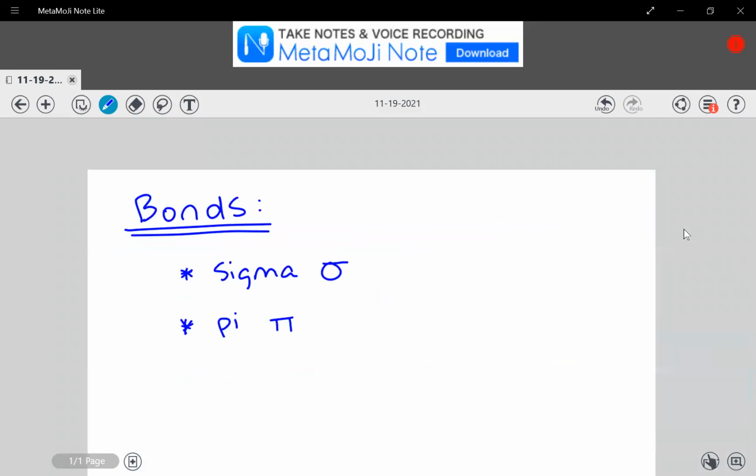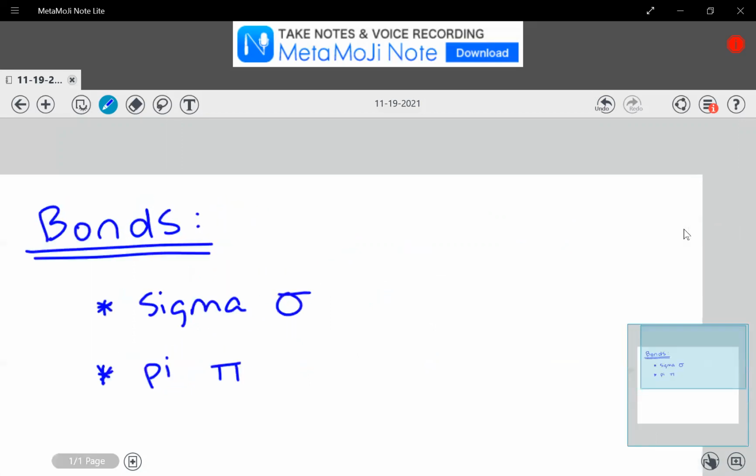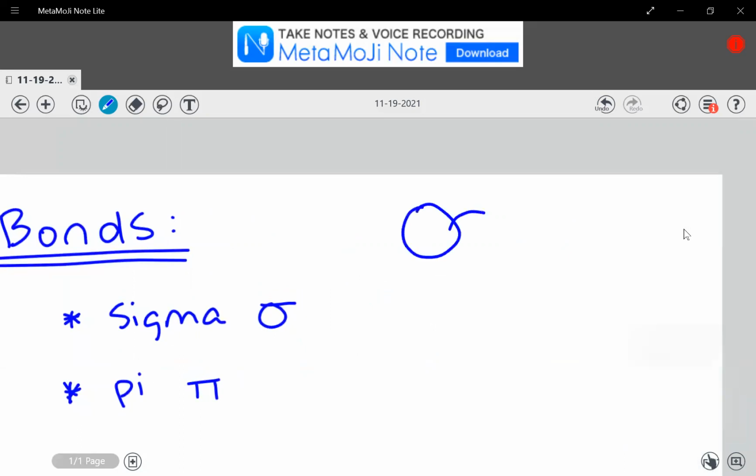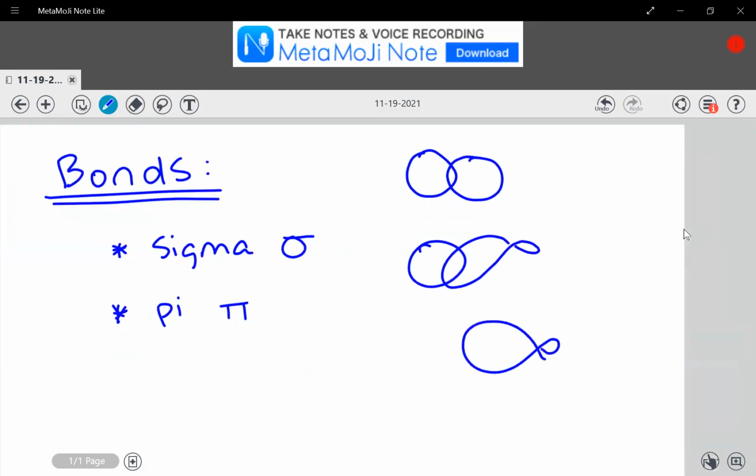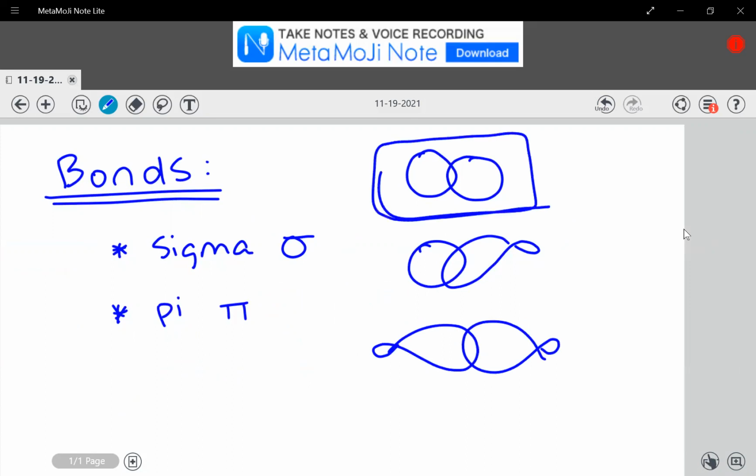Sigma and pi bonds. So sigma bonds are usually single bonds, and they happen when you've got two s orbitals that combine, an s orbital and a p orbital that combine, or just two p orbitals that combine. For this case though, I would just keep it as two s orbitals that combine.